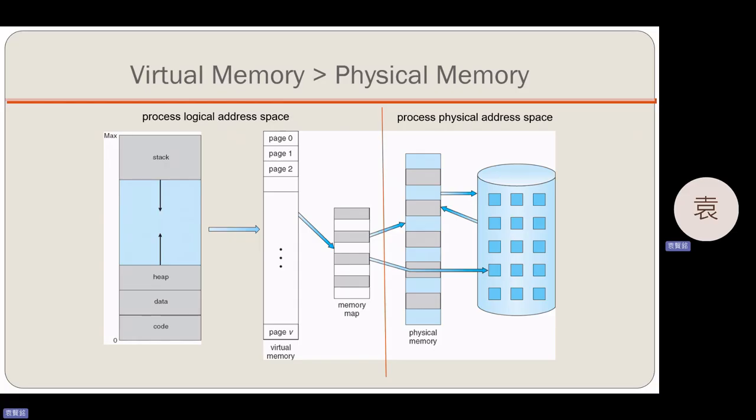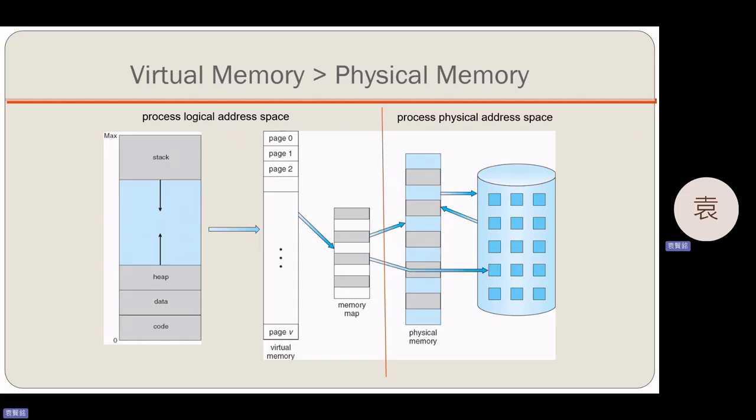And for this virtual memory, we have a memory mapper or page table. We keep track of which logical page is allocated into which physical memory. And if a logical page is not allocated into the physical memory yet, then in the memory mapper we just store or reflect this situation. Okay, and usually a flag can be used to indicate whether this logical page is in memory or not.